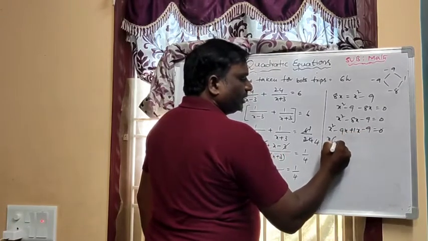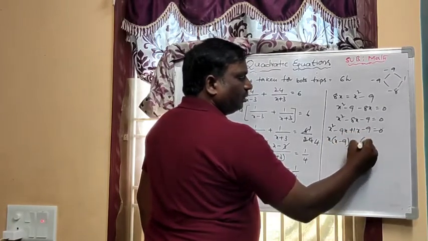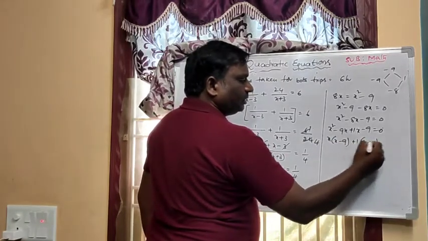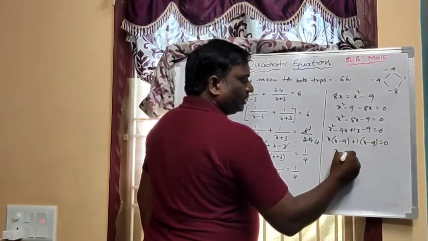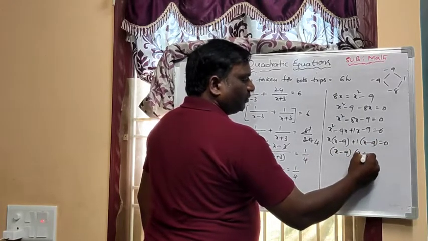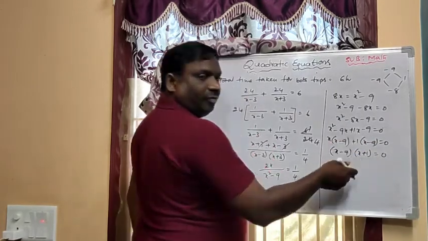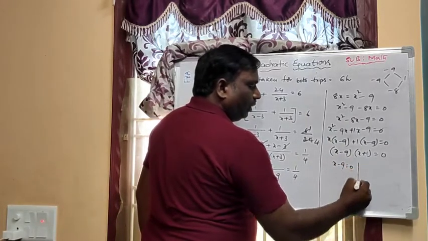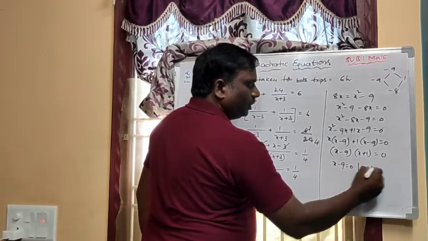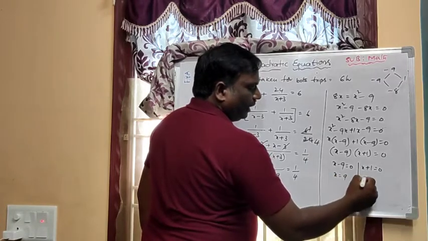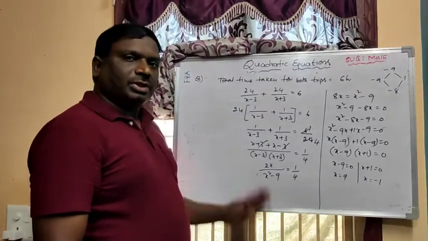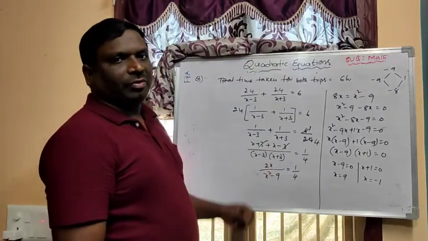Take x common: x into x minus 9 plus 1 into x minus 9 equal to 0. So x minus 9, x plus 1, factorization method. x minus 9 equal to 0 and x plus 1 equal to 0. x equal to 9, x equal to minus 1. x cannot be negative because speed cannot be in negative values.